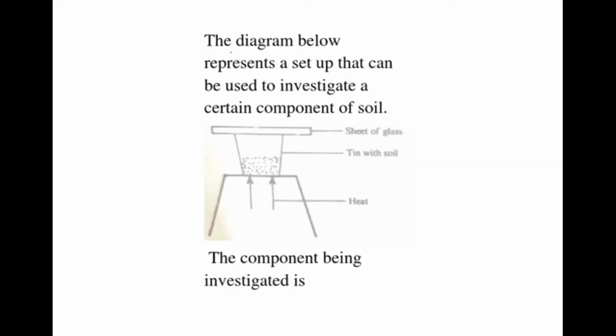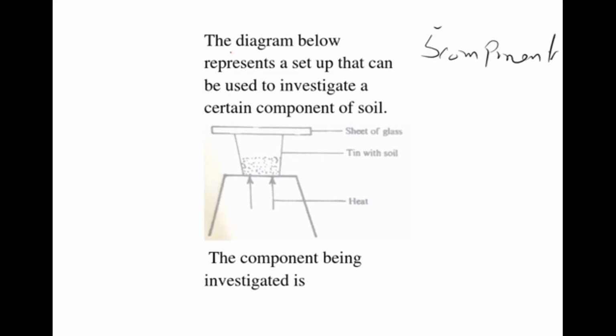The diagram below represents a setup that can be used to investigate a certain component of the soil. We have a stand, we have a source of heat, we have water, a glass, then it is covered. The component of the soil being investigated is, when you look at the soil, it has 5 components.